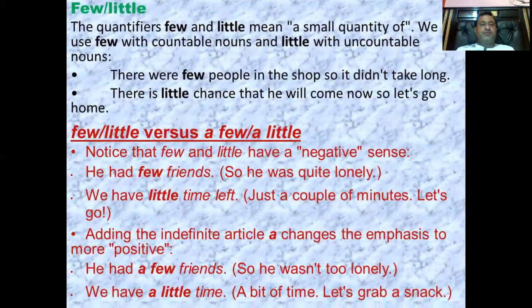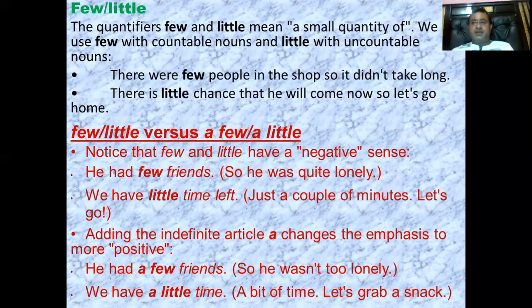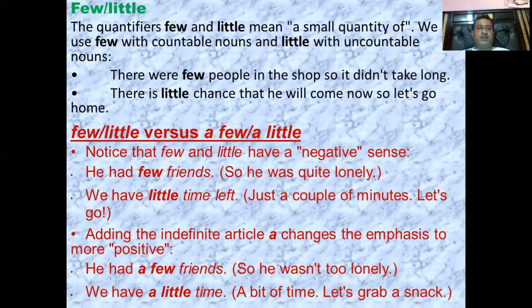Then there are few and little. The quantifiers few and little mean a small quantity of. We use few with countable nouns and little with uncountable nouns. With much, more, many, the quantity was increasing, and now when something is decreasing, we will use the quantifiers few and little.